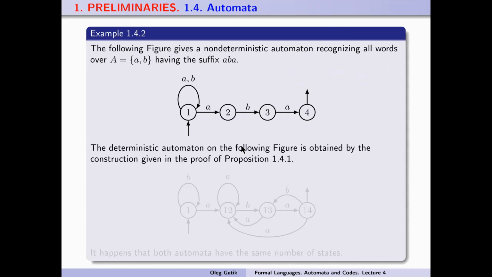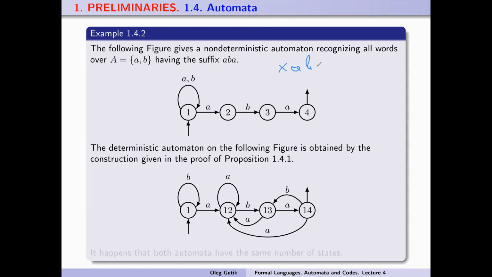So, the deterministic automaton of the following figure is obtained by the construction given in the proof of the previous proposition. Here we can get any word of the form X A B, where X belongs to A star.